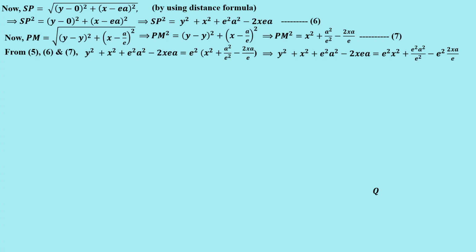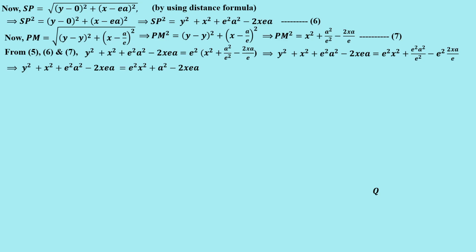That is y square plus x square plus E square A square minus 2xEA, which is equal to, multiplying with e on the right hand side, e square x square plus e square a square by e square minus e square 2xa by e. That is y square plus x square plus e square a square minus 2xae, which is equal to e square x square plus a square.